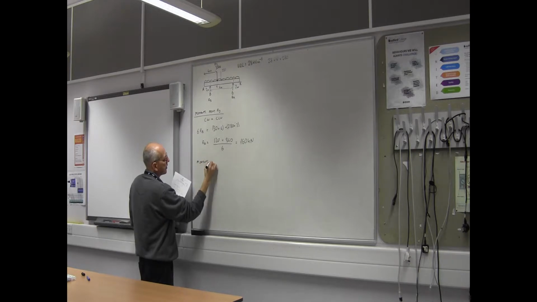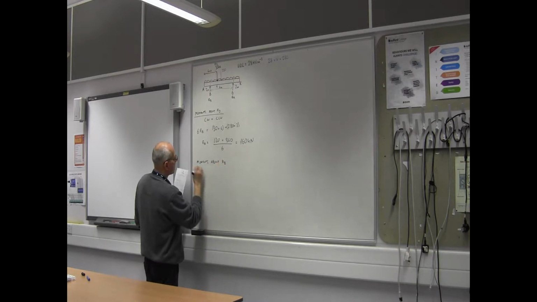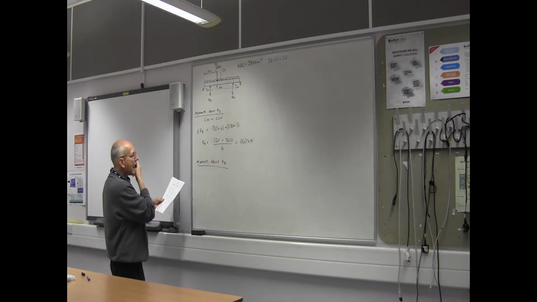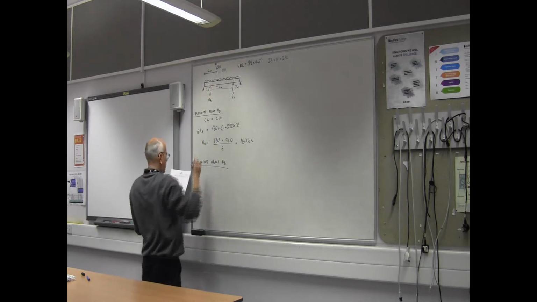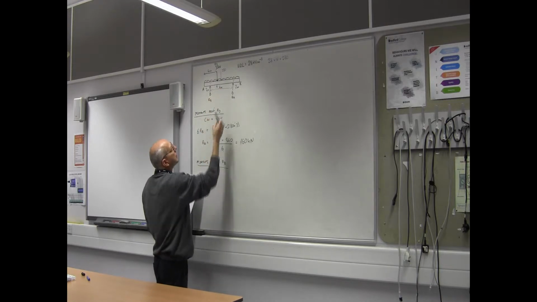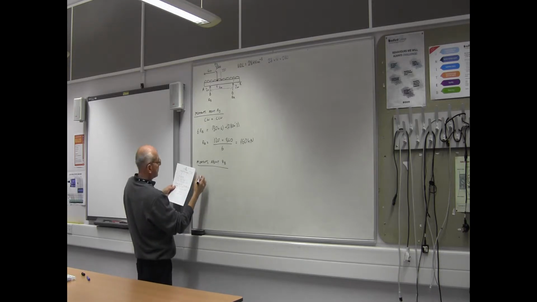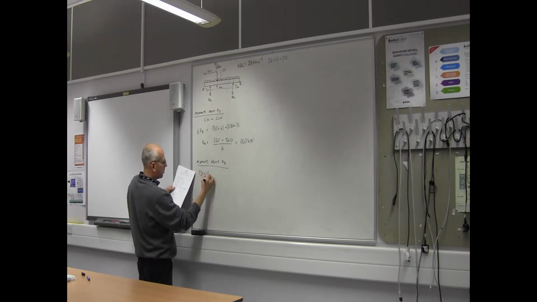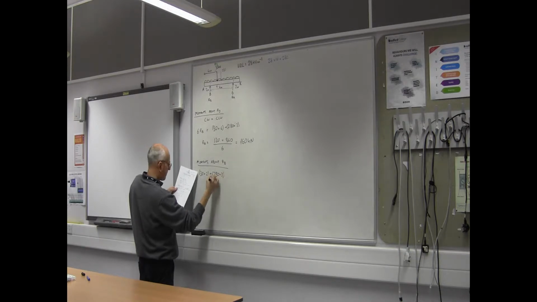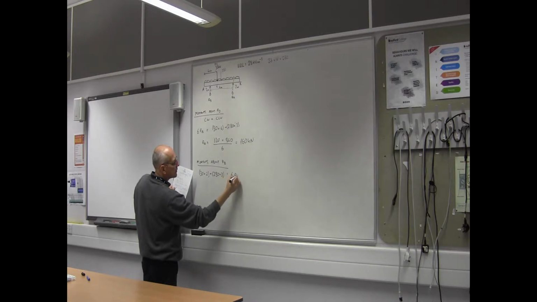So if I do my moments about B this time, it's held here, so pushing it clockwise I've got these two, and the only thing pushing it counterclockwise is that one. So I will get 30 times 2 plus 280 times 3 equals 6 RD.